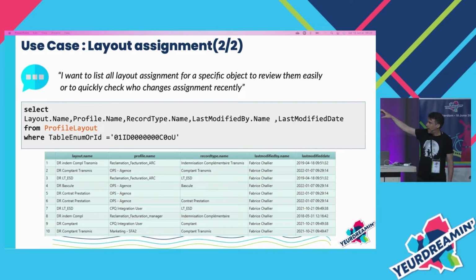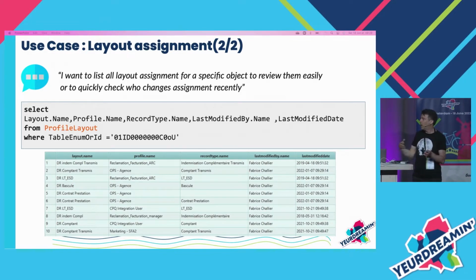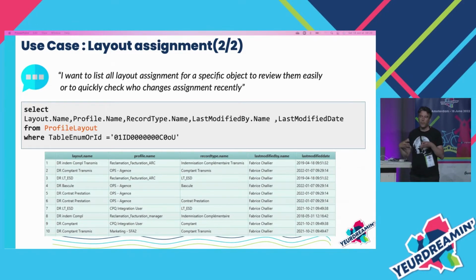And then you can ask Salesforce to provide you for a specific object all the layouts and how the layouts are assigned. So you can have here the profile, the record type, and you can then quite easily export them in an Excel file, discuss with your business, or try to realign very quickly, whereas within the Salesforce console, when you have a lot of profiles, record types and layouts, it's very difficult to know where your layouts are assigned.